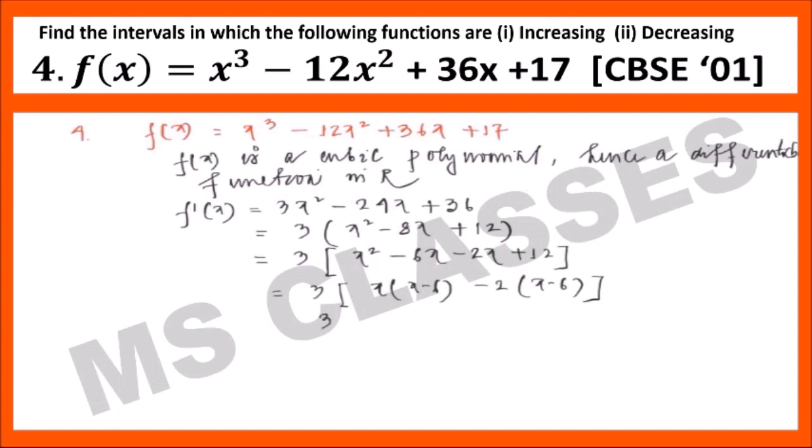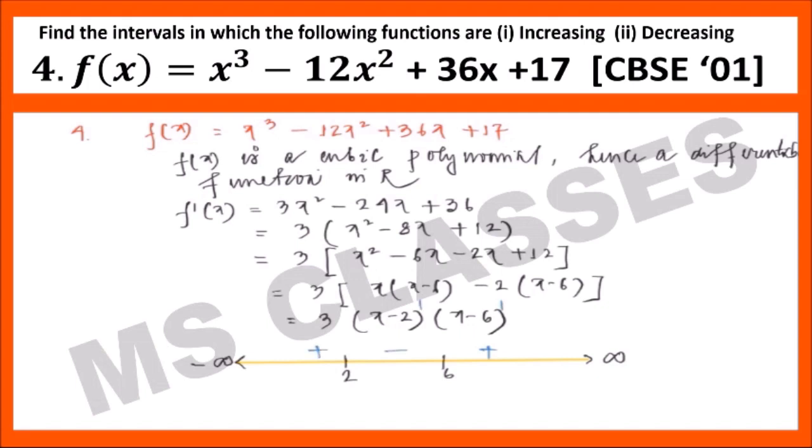Now here 3 into (x minus 2) into (x minus 6). Now if we take a number line, minus infinity, infinity, 2, 6, plus, and for odd power the sign changes.